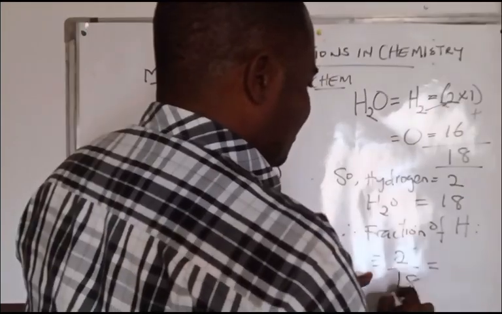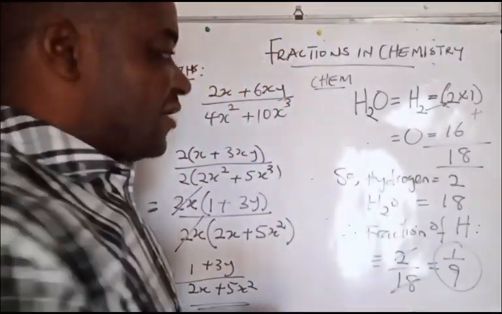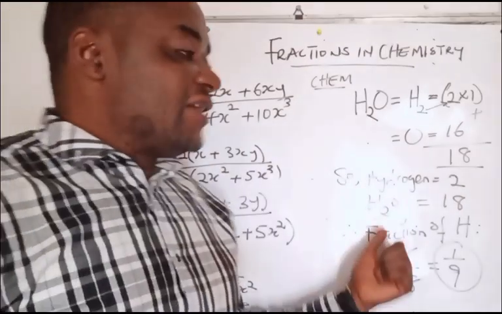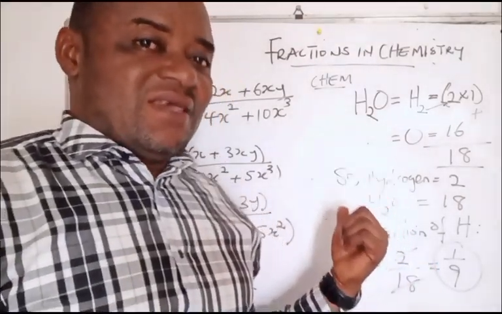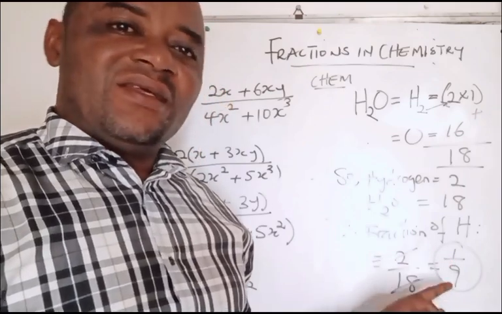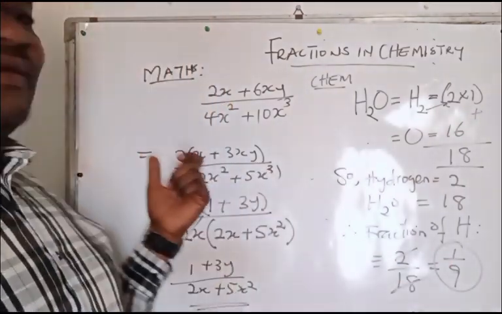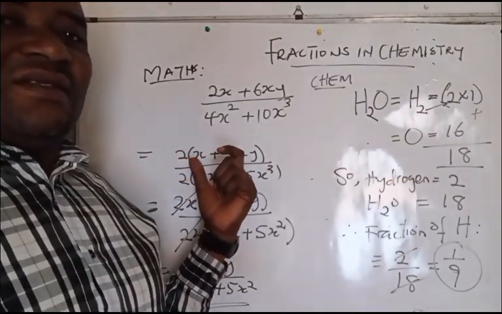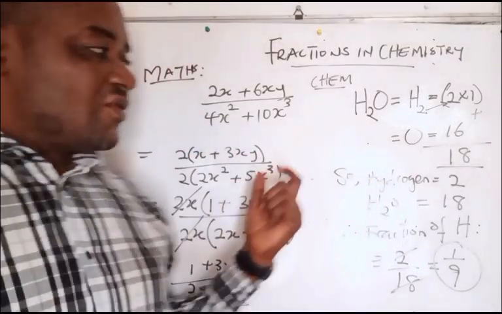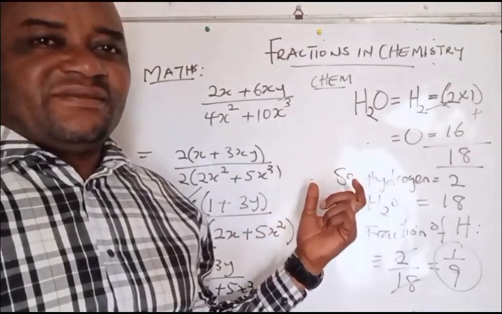And this will be what? 1 all over 9. So this means that the fraction of hydrogen in the molecular mass of water is 1 over 9. So you can see that it is only the basic understanding of basic mathematical techniques that will help you solve some chemistry problems, if not all of them.